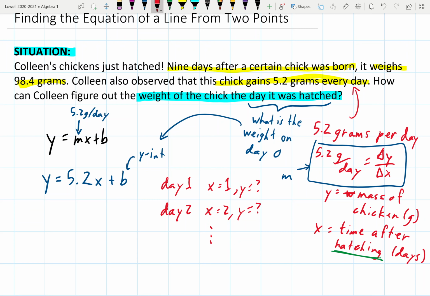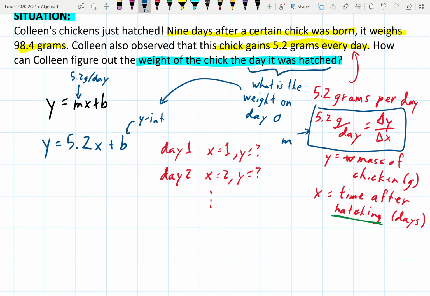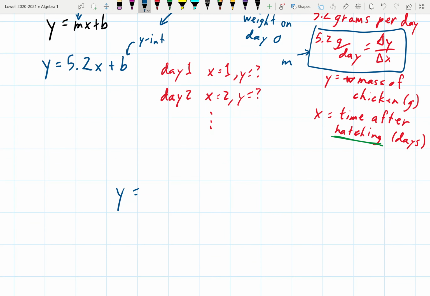But the thing is, what doesn't change? No matter what happens, whatever you plug in, let's pretend we knew the y-intercept. Let's pretend the equation was y equals 5.2x plus 7. If I want to plug in x equals 1, now I just plug in y equals 5.2 times 1 plus 7.